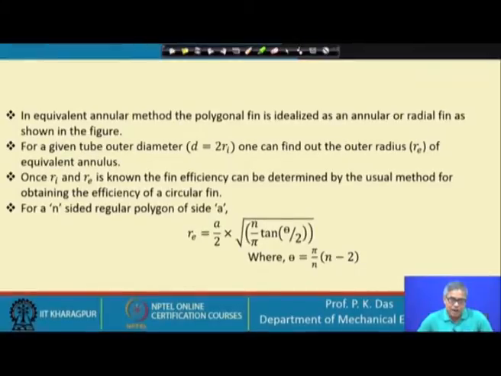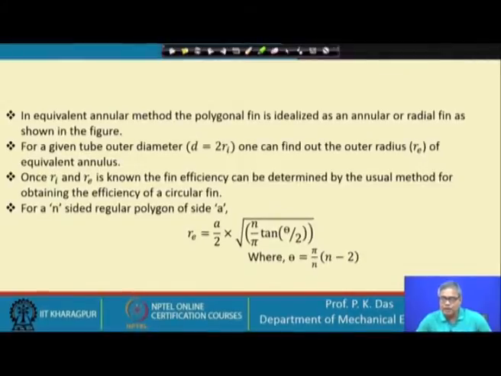For the given tube outer radius, if the tube outer diameter is d, then d is equal to 2 r I, where r I is the outer radius.